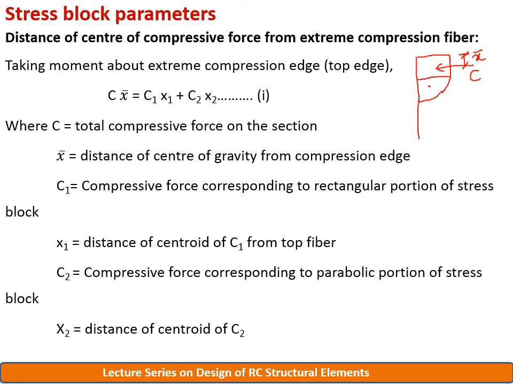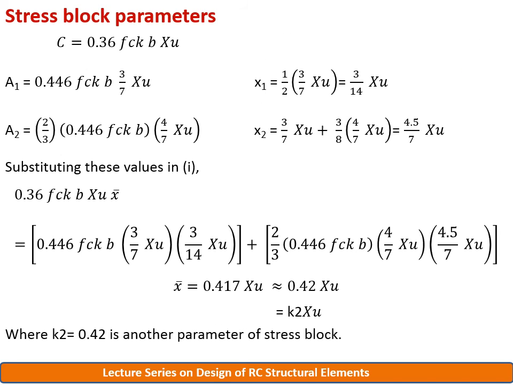So C is the total compressive force on the section. X bar is the distance of the center of gravity from the compression edge. C1 is the compressive force corresponding to the rectangular portion of the stress, and x1 is the distance of the centroid of C1 from the top fiber. C2 refers to the compressive force corresponding to the parabolic portion of the stress block, and x2 refers to the distance of the centroid of C2 from the topmost compressive fiber.